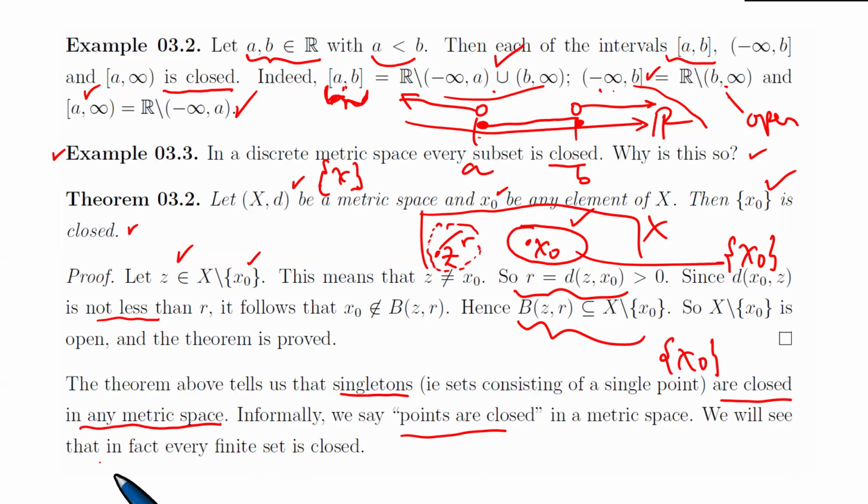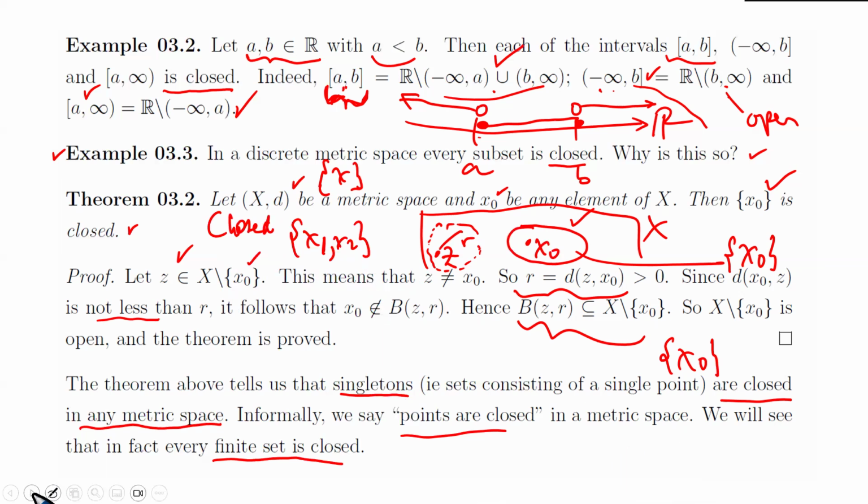We will see that every finite set is closed, as we saw before. We can have x1 together with x2, and this will be closed, because we can write it as a union of singletons.